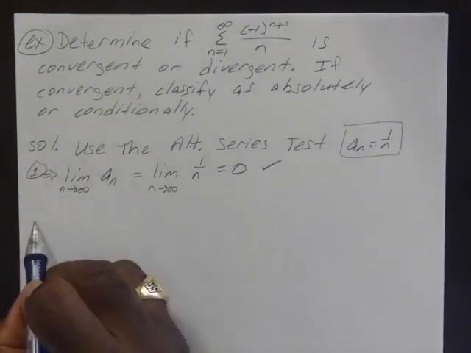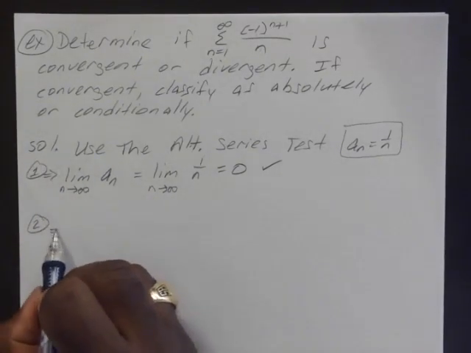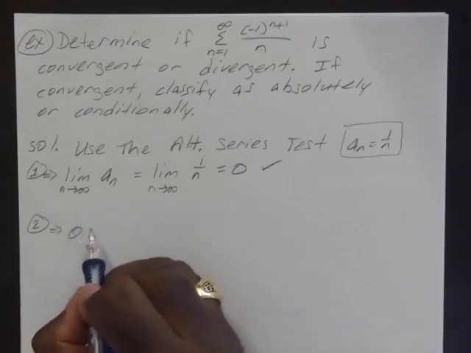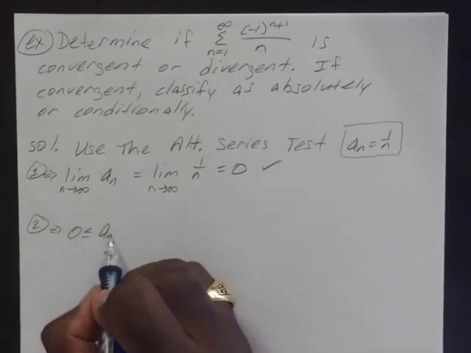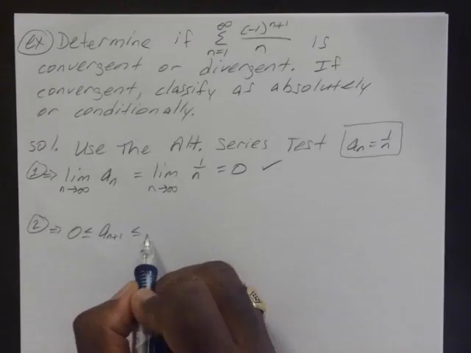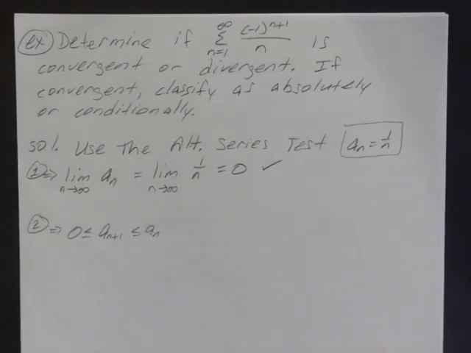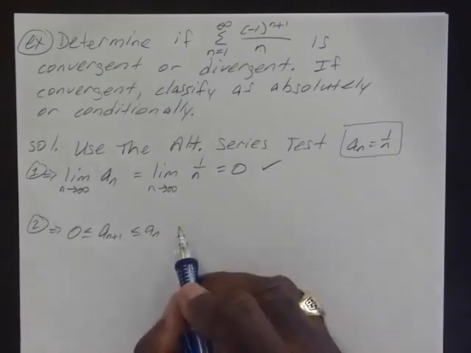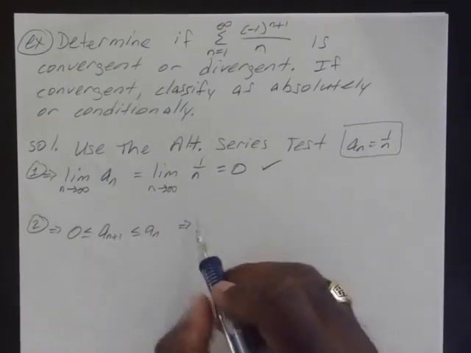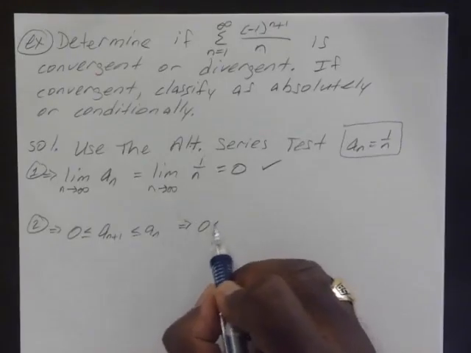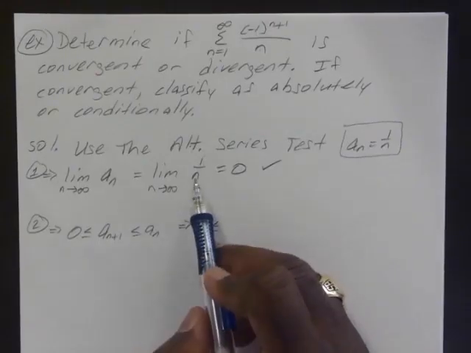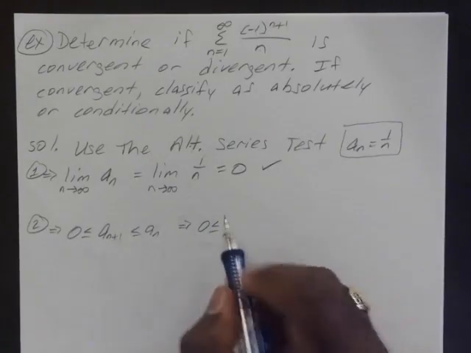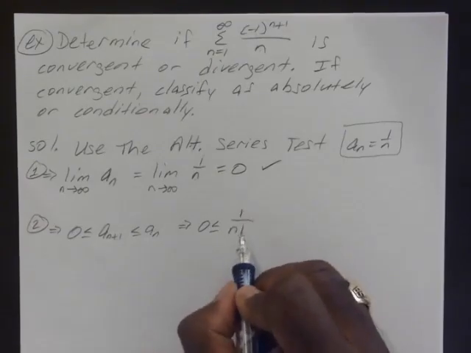Let's look at the second condition. That's where it's non-increasing. So in other words, we have our 1 over n, so our a sub n plus 1 is just 1 over n plus 1.